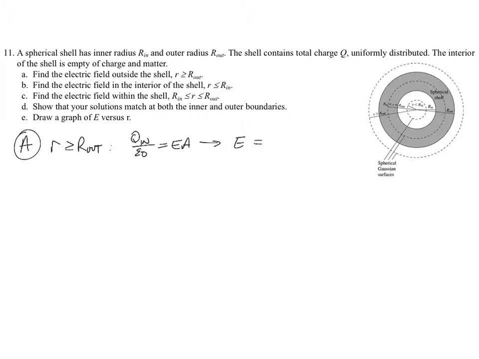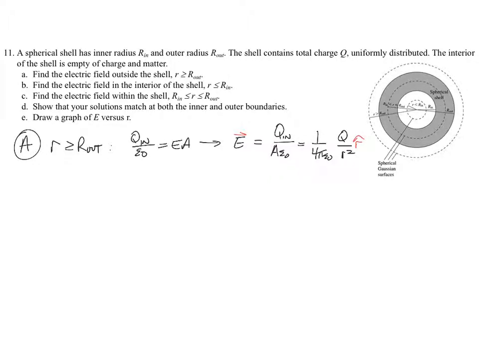So we shouldn't be surprised that when we go through all of this business that we get 1 over 4 pi epsilon naught and just our Q over r squared. In fact, we've done this I think a couple times already. As a vector, it would have that property.